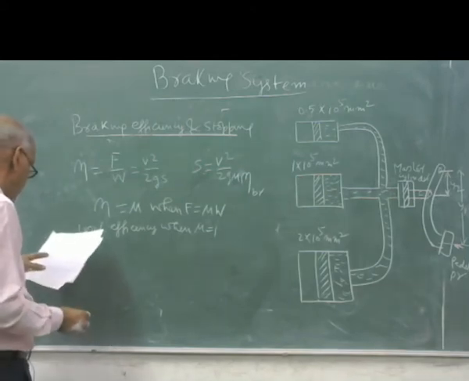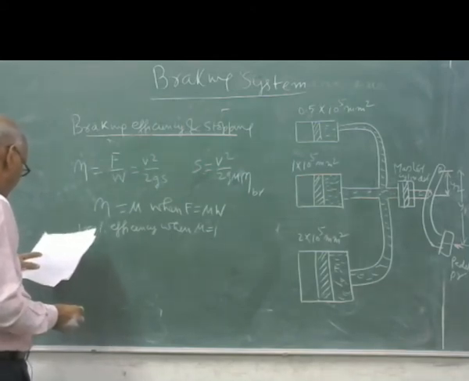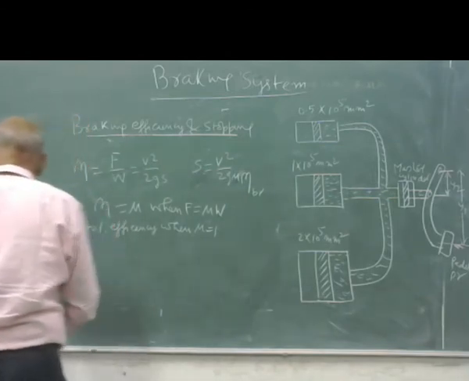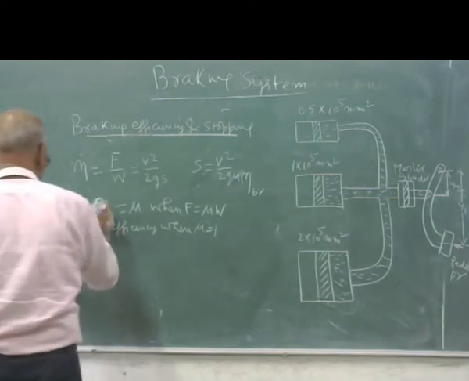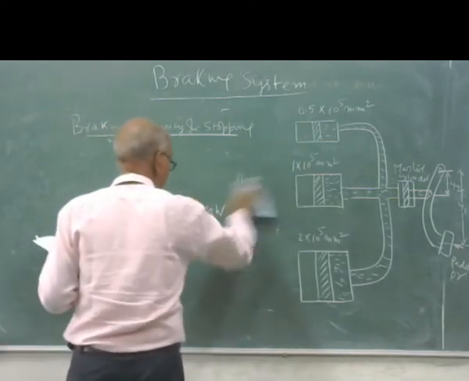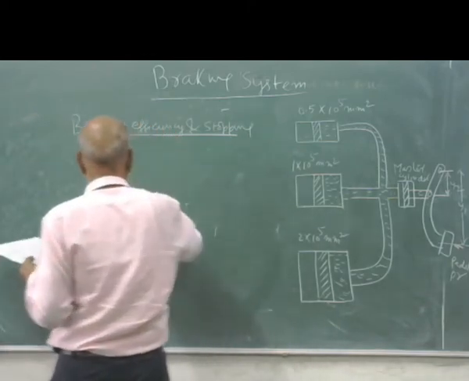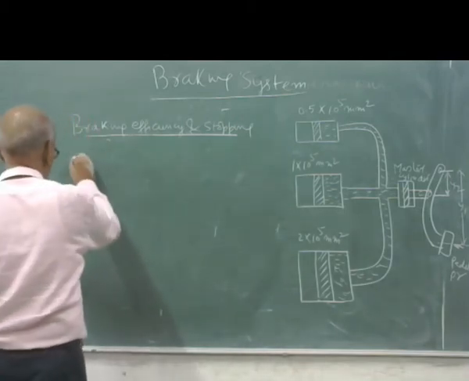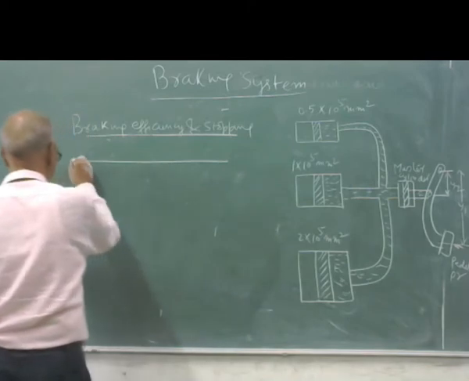The effective braking mu should be high. For the factor affecting this value, I am giving you a table in which I will show you the value of mu at different types of roads, different types of surface.